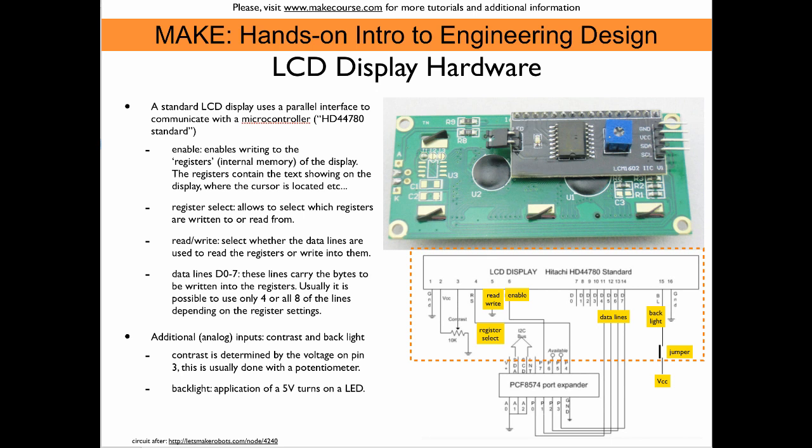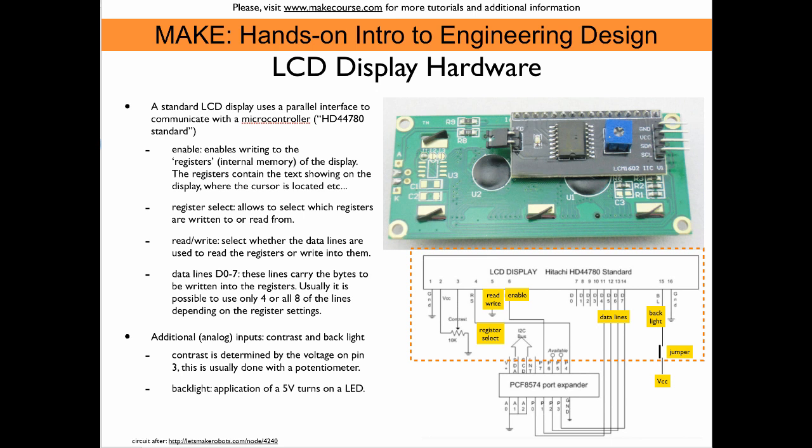If you only had the display and you wanted to directly control it with the Arduino, you would have to control all these lines with the Arduino. So you would have to use at least 1, 2, 3, 7 pins of the Arduino, and that would of course limit your options to connect other things to the Arduino.